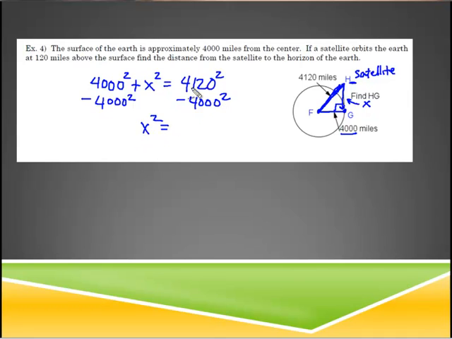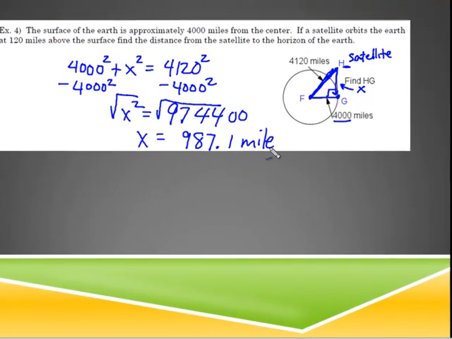I actually have to square them and then do the subtraction. When I do that, I will get 974,400. Now I need to take the square root of both sides, and I'm going to get approximately 987.1 miles. So the distance from the satellite to the horizon is 987 miles.